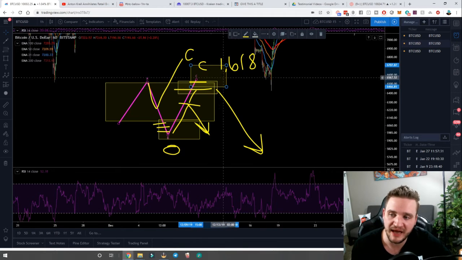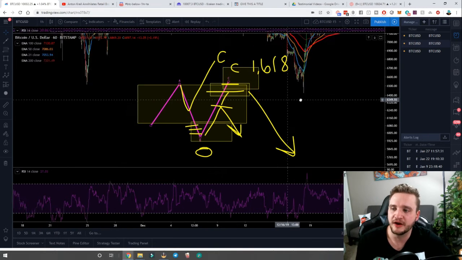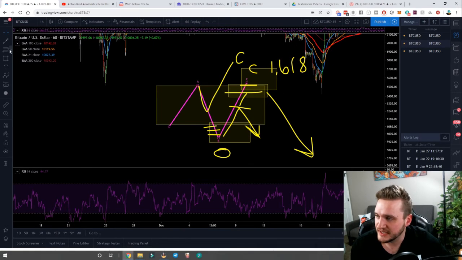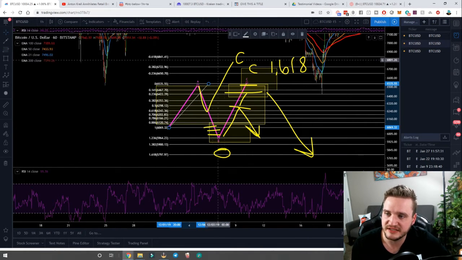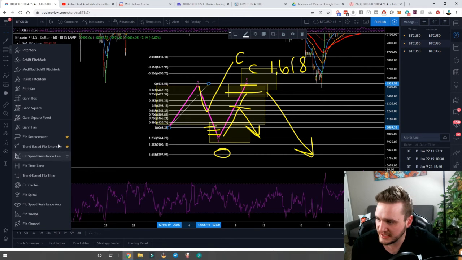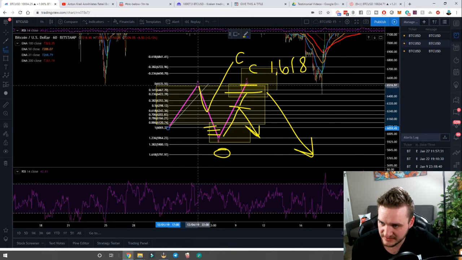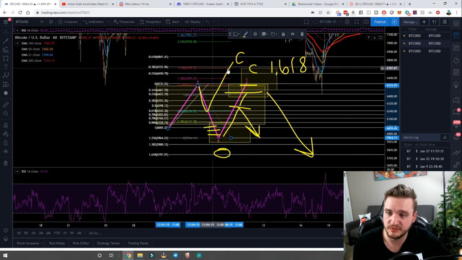I'm going to short back into the market right here. My stop loss is going to be a combination of this high here, the 618, plus the 1.618 of this move right here.